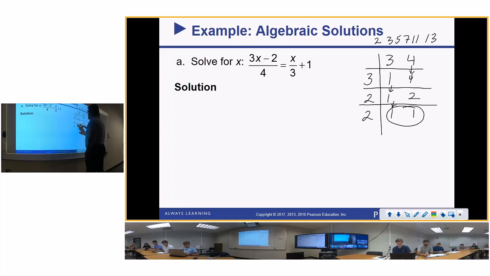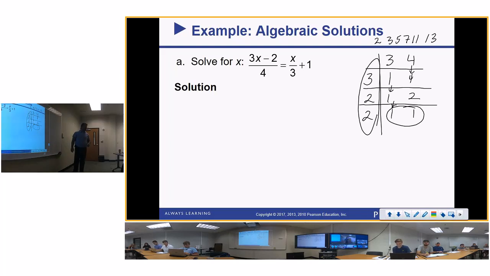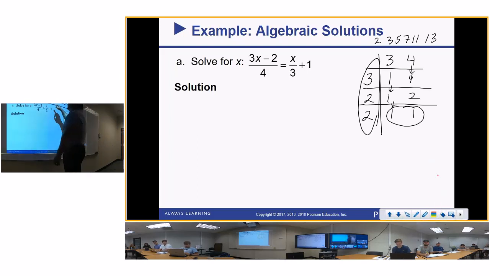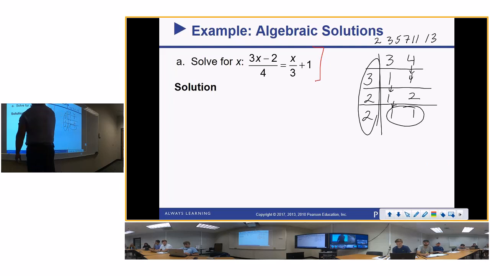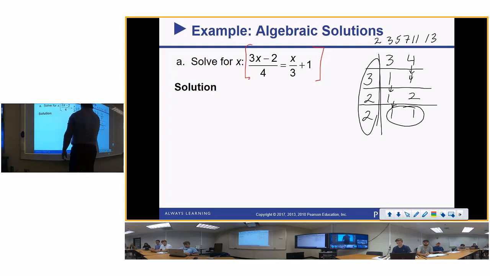So there's your common denominator, which is 3 times 4, which is 12. So you multiply both sides by 12. The reason I go over that is because sometimes people don't know how to find the common denominator. They just multiply the bottoms together, and that's not the way you do it. So multiply both sides by 12.